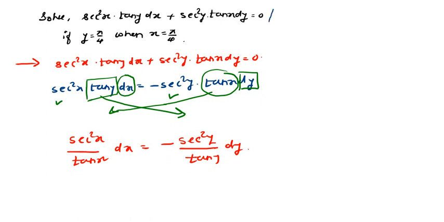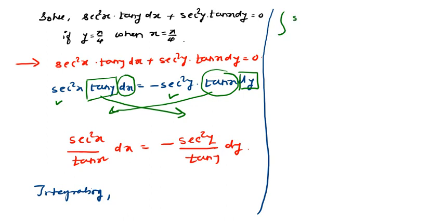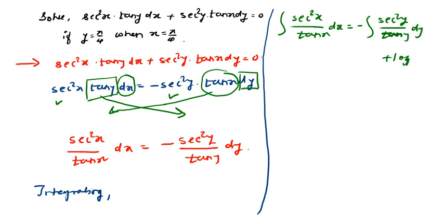Okay, so integrating on both sides, after integration, what you will see, this will be integration sec square x upon tan x dx equal to minus integration sec square y upon tan y dy plus, suppose, log c. Now whatever this integration is, we can solve this using integration f dash of x upon f of x dx.